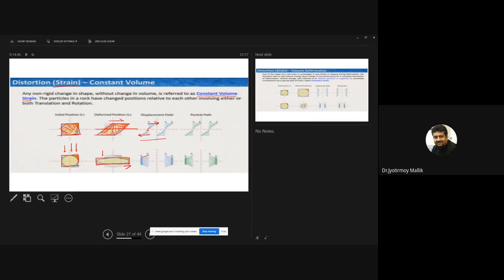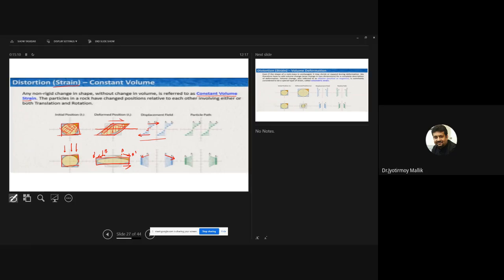Okay, and if I do a good job, what I will observe is that this is my point A. That point has come here, A dashed. So my displacement vector is like this. Okay, like you are observing here. Similarly, here, if this is B and this is B dash, then my displacement vector is oppositely directed, right?